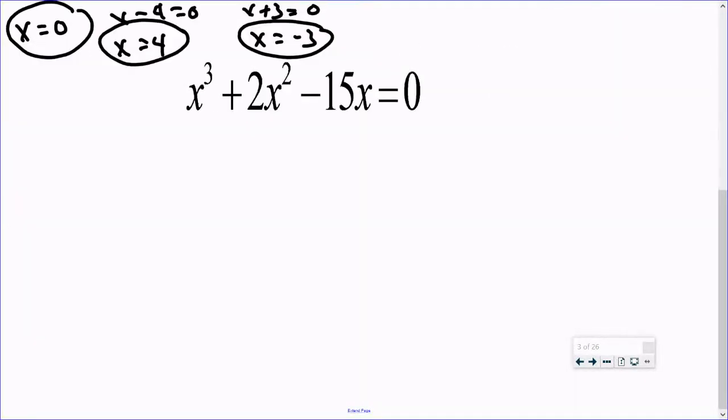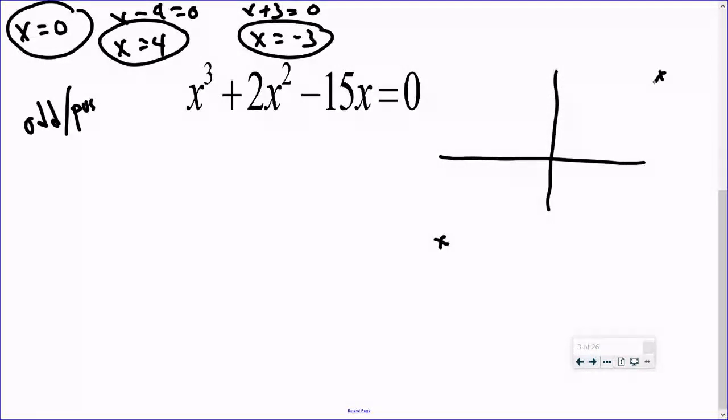Let's do this next one here. Okay, x to the third, positive. So it's odd, positive. So again, my graph is going to go here and up here. Now look at these three. I can factor out an x. When I do that, I'm dividing everything by x. All the variables go down by 1.